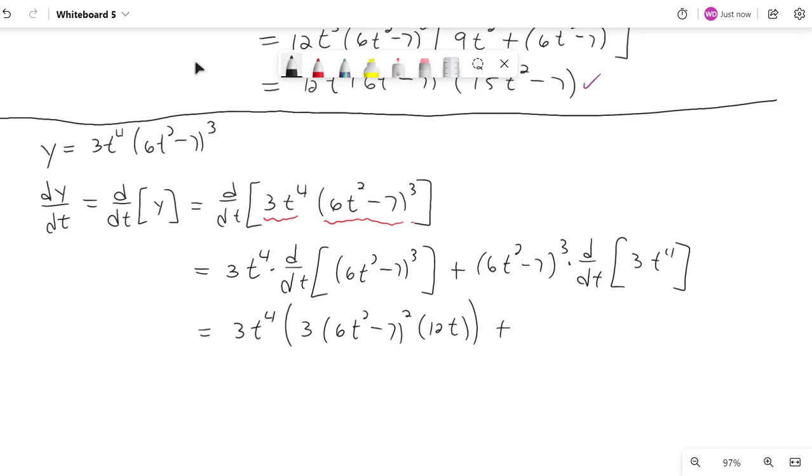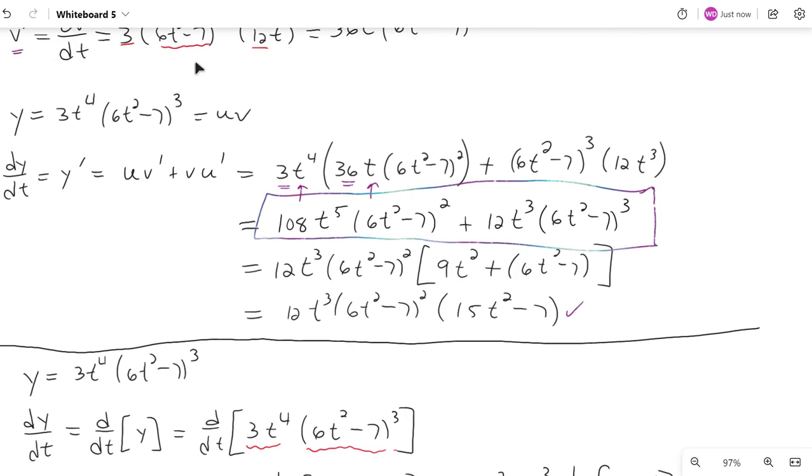Then I add to it 6t squared minus 7 quantity cubed times the derivative of 3t to the fourth, which is 12t cubed. And that is exactly what I have right up here. That's what this is. That's actually all of this. So you get back to the exact same step.